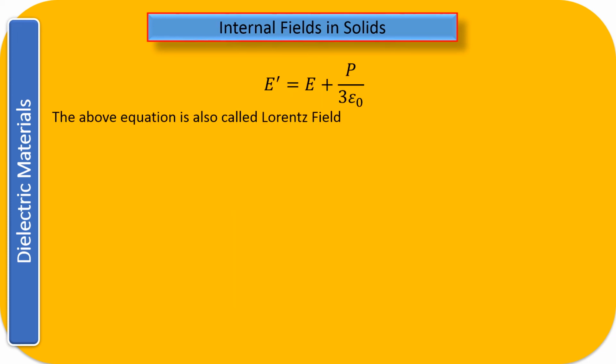So the internal field, or the total field E dash, will be equal to E plus P upon 3 epsilon naught. This equation is also called the Lorentz field. You should remember this: whenever it says applying the Lorentz field, we have to use this equation.